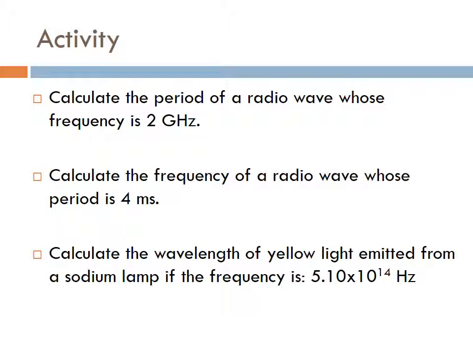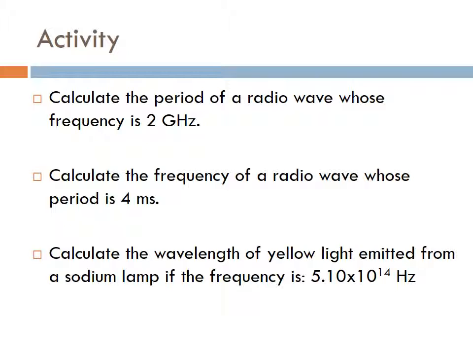Calculate the wavelength of yellow light emitted from a sodium lamp given its frequency. As you know, light is one type of electromagnetic wave having a specific range of frequencies. Within this range of frequencies we have the electromagnetic waves that you can see as a human being, and outside this range of frequencies we cannot visualize electromagnetic waves.